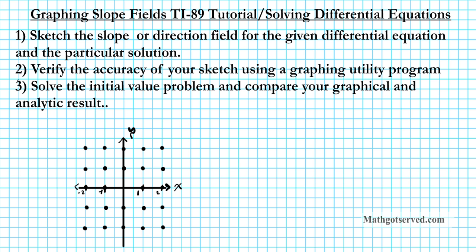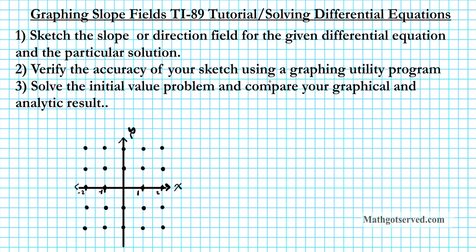There are three parts to it. We are to, first of all, sketch the slope or direction field for the given differential equation and also the particular solution. We're going to first sketch the direction or slope field, and then we'll draw the graph of the particular solution on the generated slope field.